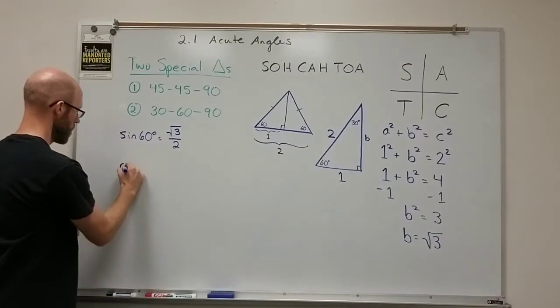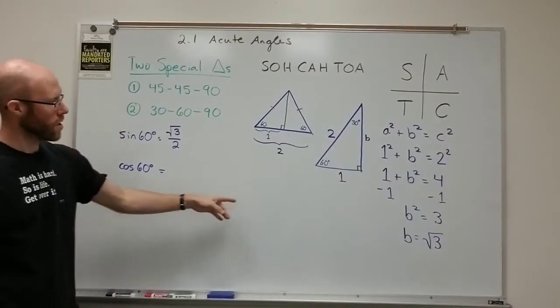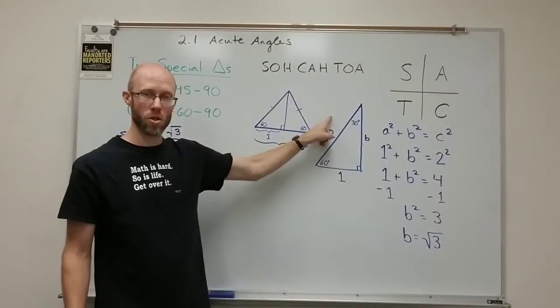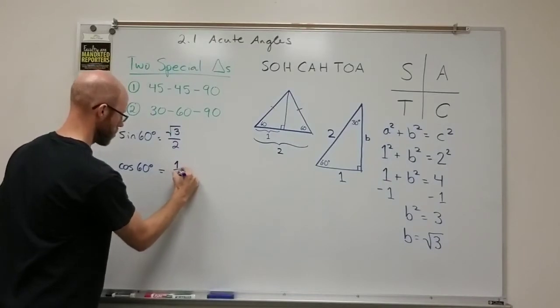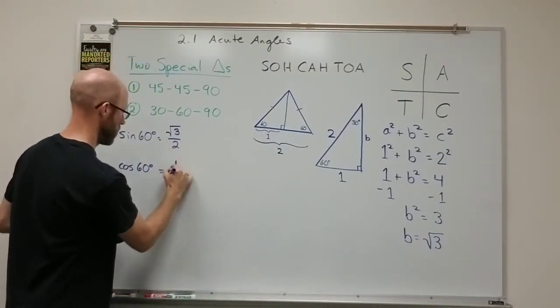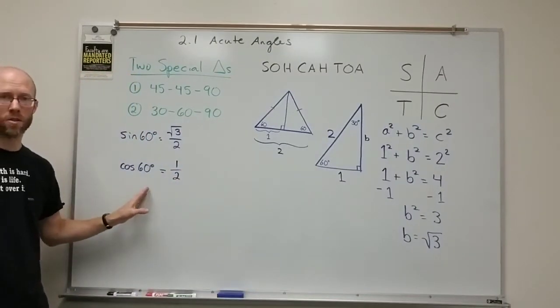The cosine of 60 degrees, well, the cosine is adjacent over hypotenuse, so that's 1 over 2, or 1/2, maybe I'll just write that a little simpler. Okay, so 1/2, that's a nice one.